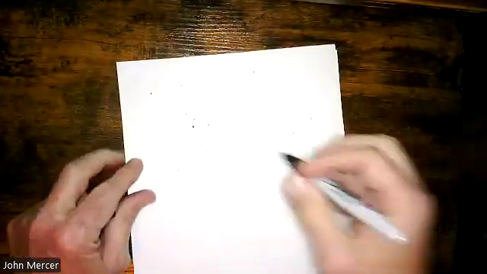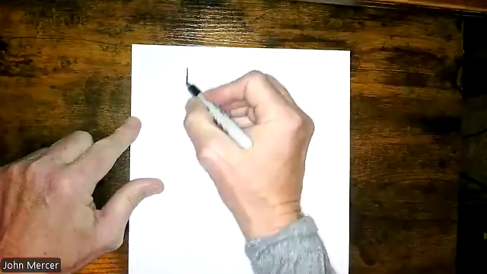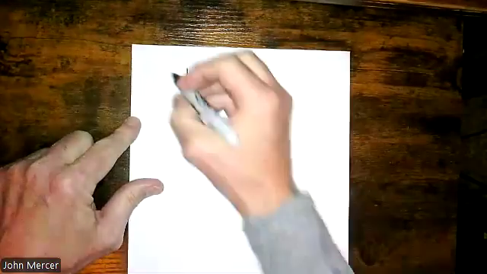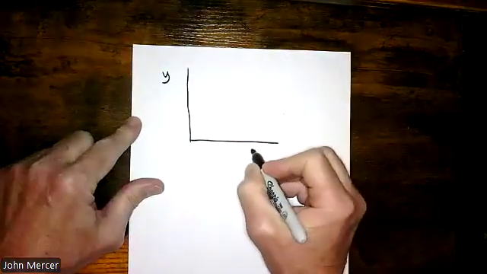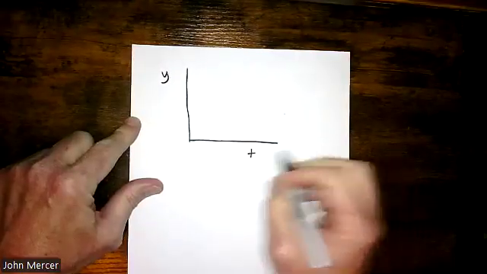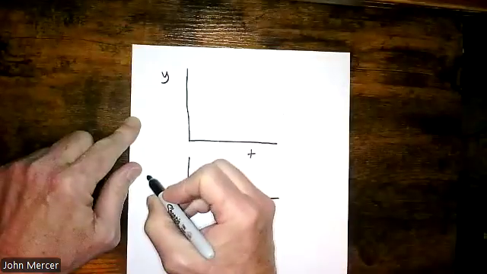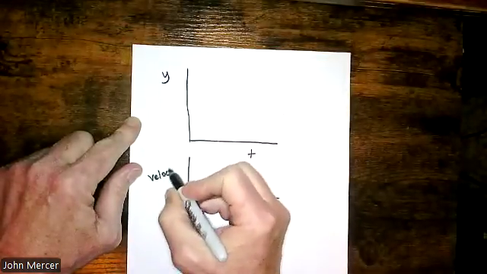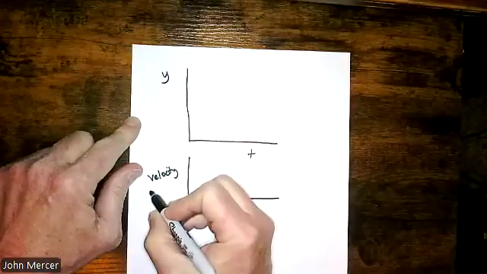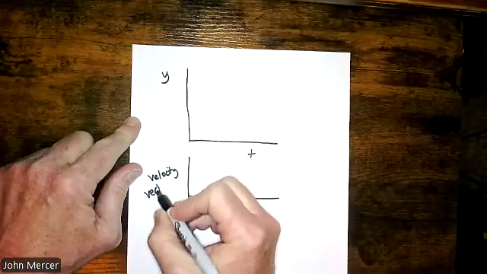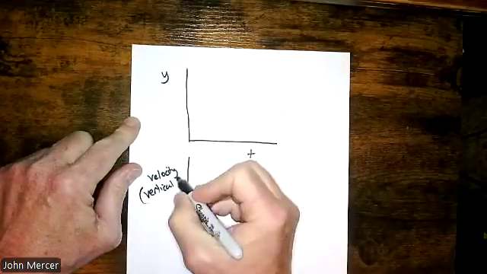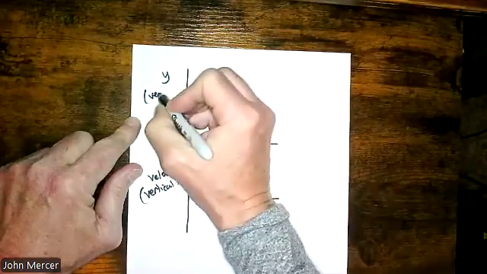Okay, so let me redraw this. Oh, I'm marking up my paper. So I'm going to put Y versus time. And then right below that, I'm going to put velocity in the vertical direction. This is vertical.